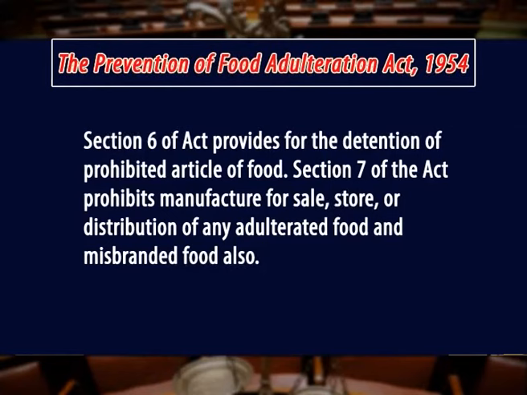Section 7 of the Act prohibits manufacture, sale, storage or distribution of any adulterated food and misbranded food also. In fact, it lists out and gives a clear description of the prohibited items.